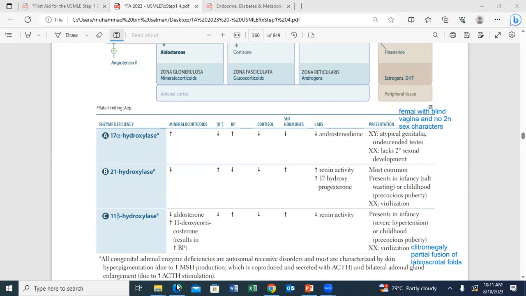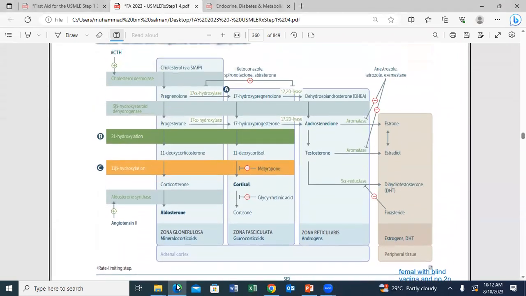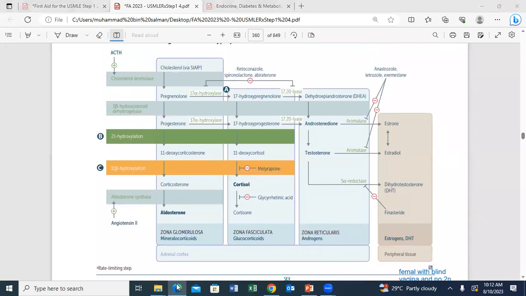Now I am going to discuss 21 hydroxylase and 11 beta hydroxylase simultaneously, since they have similar effects. Not in fact similar, there are differentiating factors, but yes, they do have a similarity. You can see the green one as 21 hydroxylase and the yellow one as 11 beta hydroxylase. Now you must be wondering that in 21 hydroxylase deficiency or in 11 beta hydroxylase deficiency, in both of these situations, there will be decreased formation of cortisol and decreased formation of aldosterone.